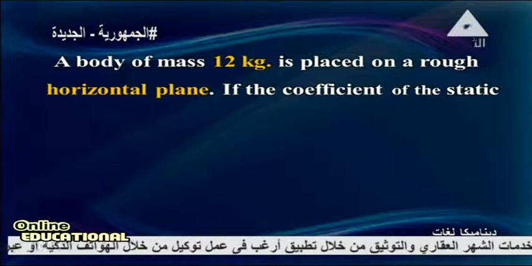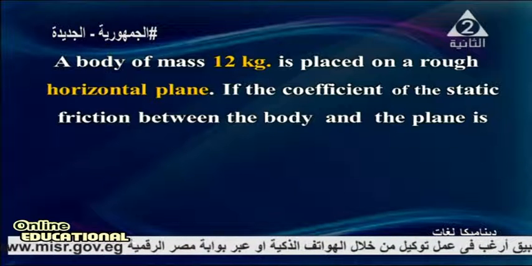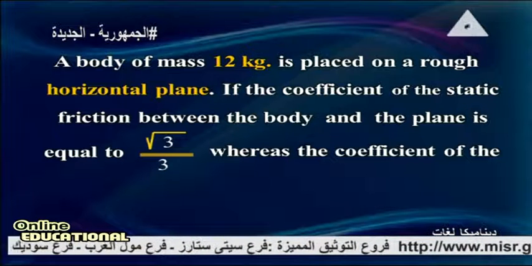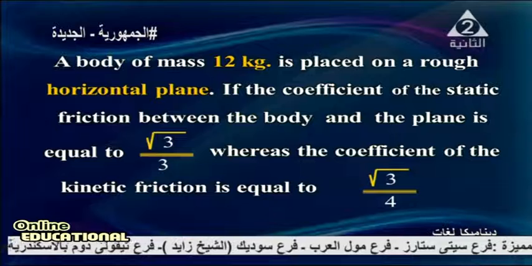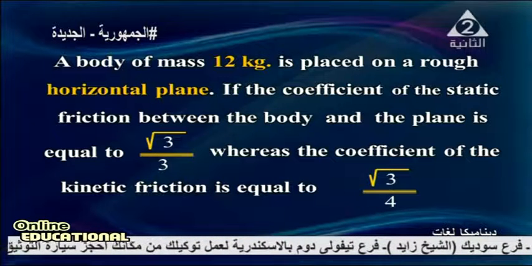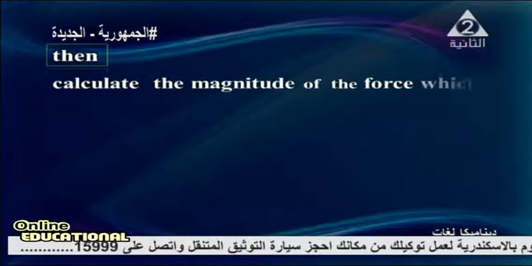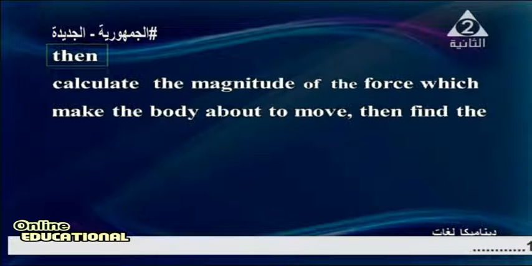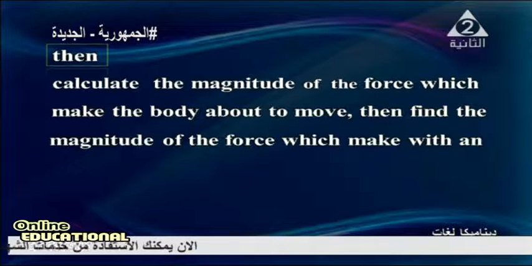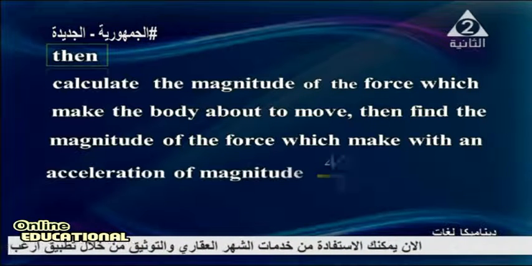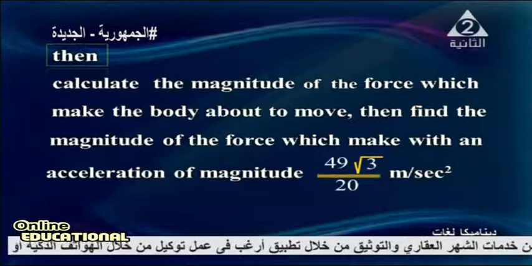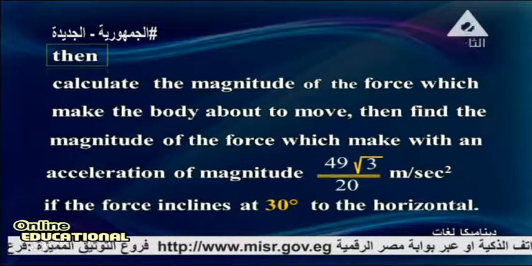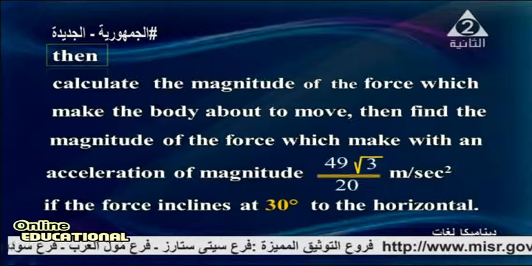If the coefficient of static friction between the body and the plane is equal to root 3 over 3, whereas the coefficient of kinetic friction is equal to root 3 over 4, then calculate the magnitude of the force which makes the body about to move, then find the magnitude of the force which makes the body move with an acceleration of magnitude 49 root 3 over 20 meter per second squared if the force inclines at 30 degrees to the horizontal.